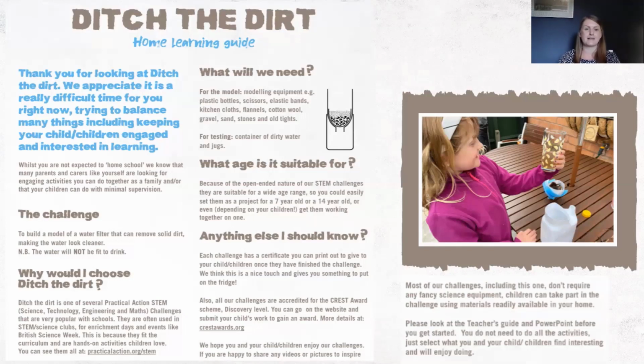It breaks it down really simply, a really useful guide for teachers if they are setting work for home and setting these STEM challenges as home learning, or for parents as well. So it's got the challenge, it tells you clearly and concisely what needs to be done.